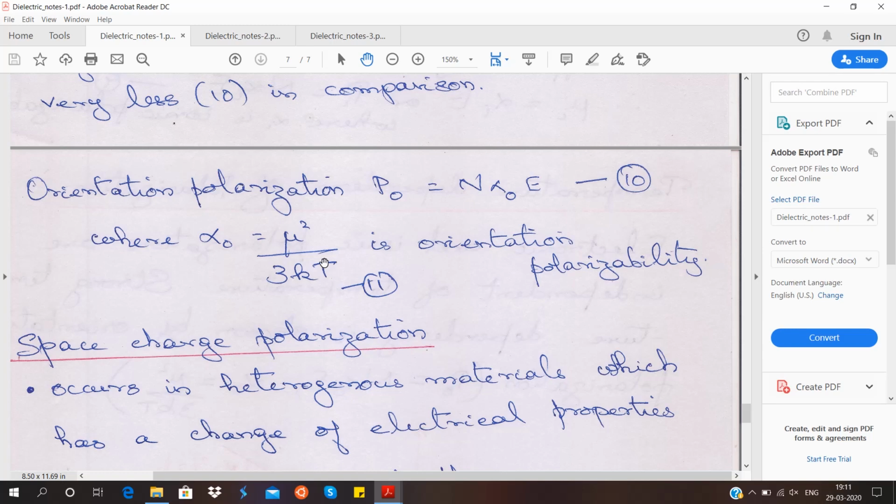So alpha O is equal to mu square by 3 kT, or orientation polarization is inversely proportional to temperature. That means any increase in temperature can result in a decrease of orientation polarization.